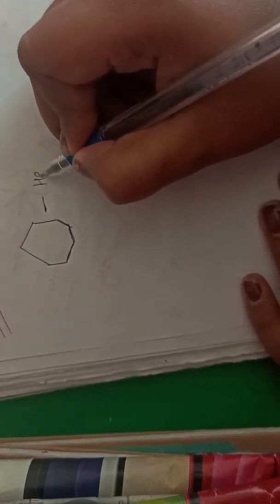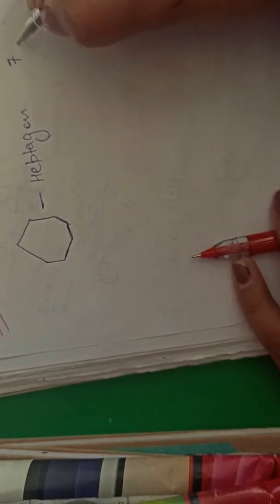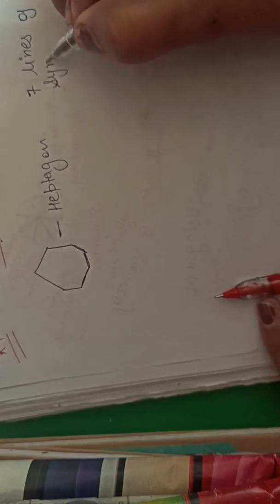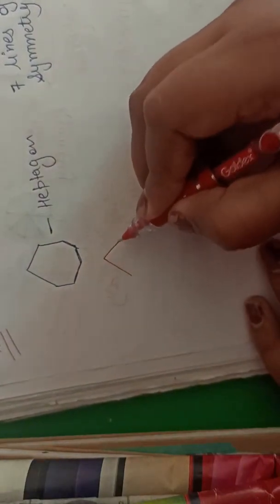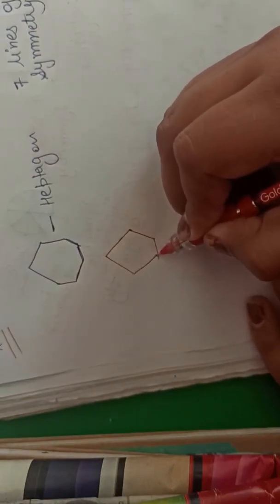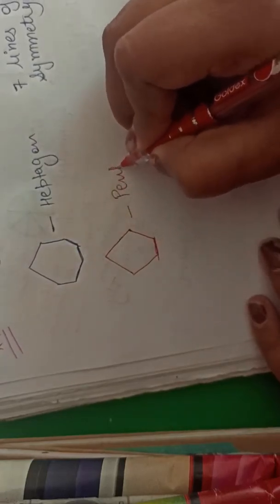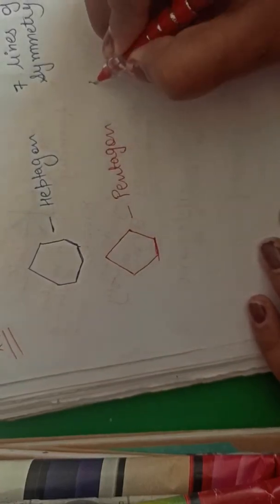You will write here heptagon, and the number of lines of symmetry, you will write here 7 lines of symmetry, right? The second one is the shape of a pentagon. So in a pentagon again, how many? 5 sides. So 5 lines of symmetry, right?